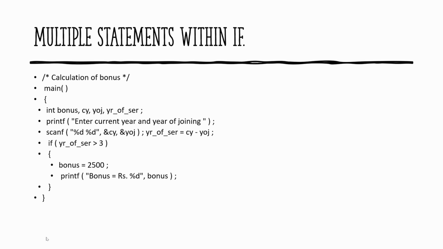So basically we print it out. Without these braces, only this bonus statement would be executed, because that is the default scope of the if statement, right? With the braces, this print statement would be executed too. That is what I missed out in the last video.